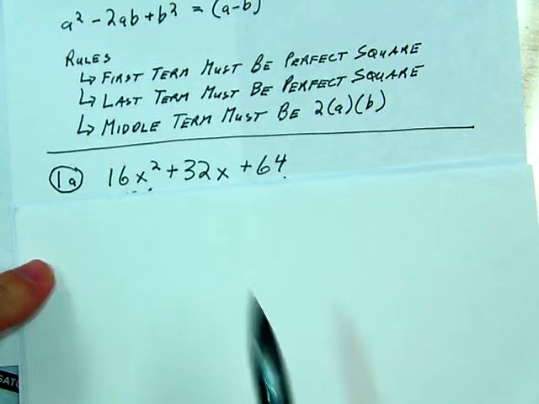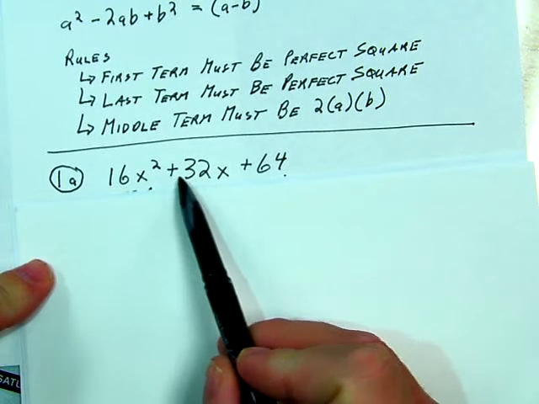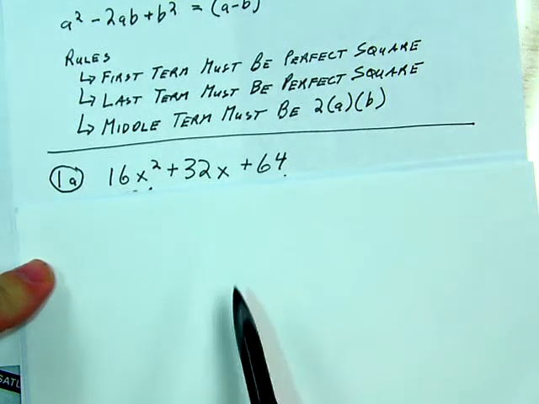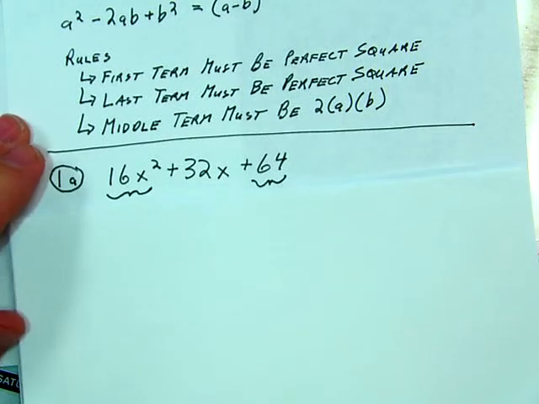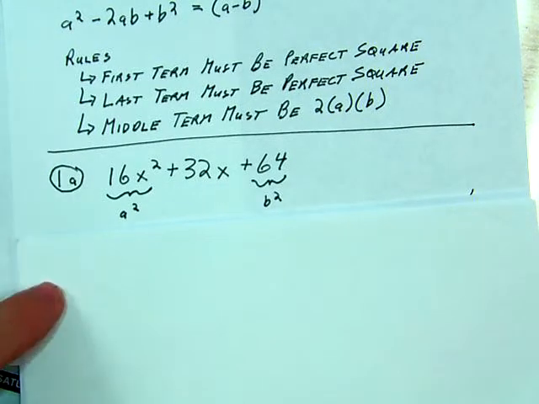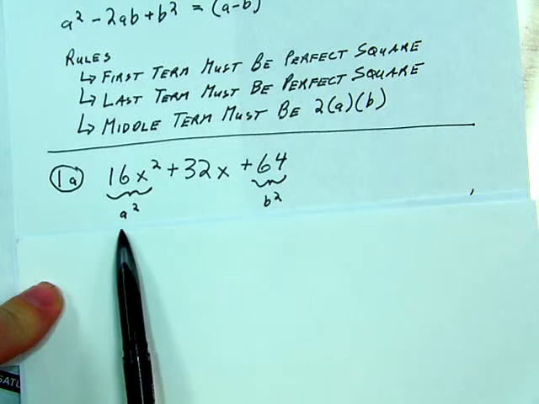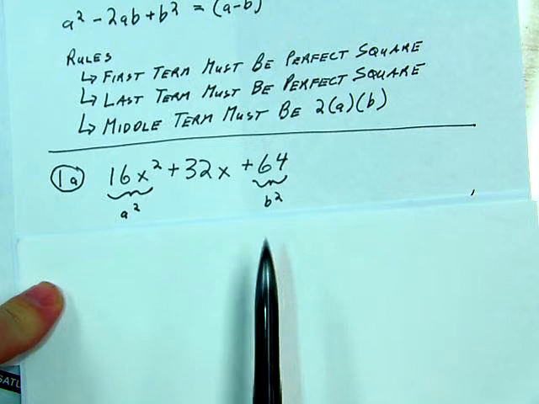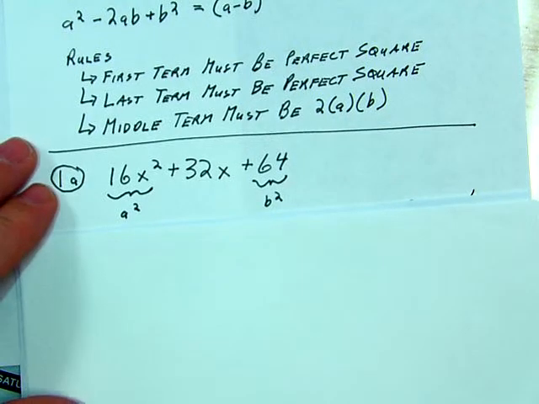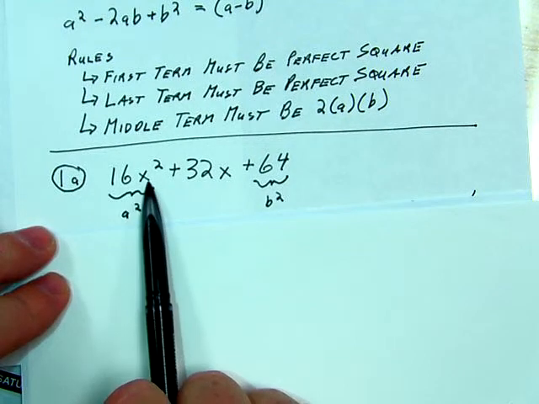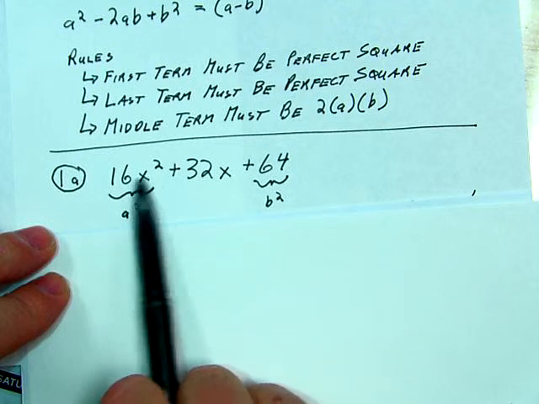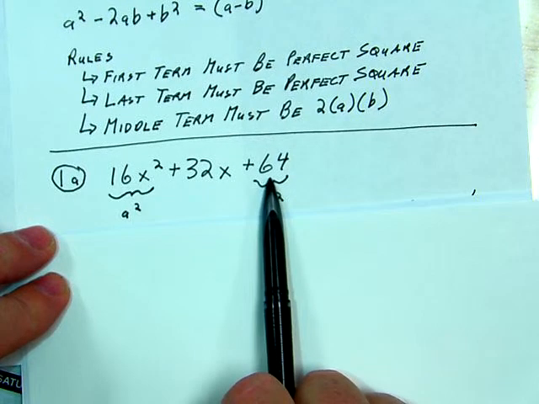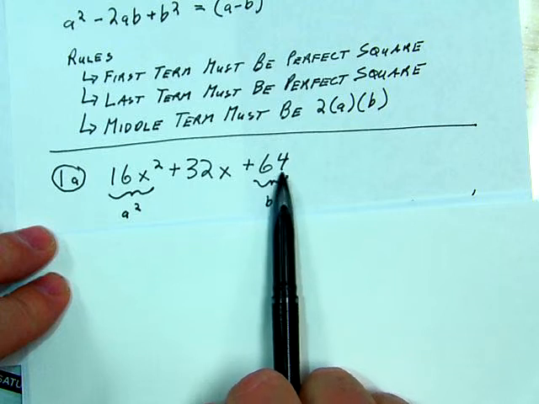So let's look at that in action. Example 1a in your book. What if I have 16x squared plus 32x plus 64? Well, I recognize right away that both of those first and last terms are perfect squares. Okay? Then I say, what is the square root of 16x squared? That's 4x. What's the square root of 64? That's 8.